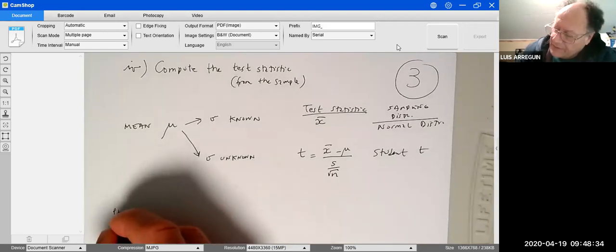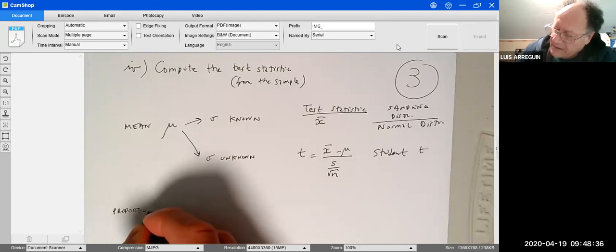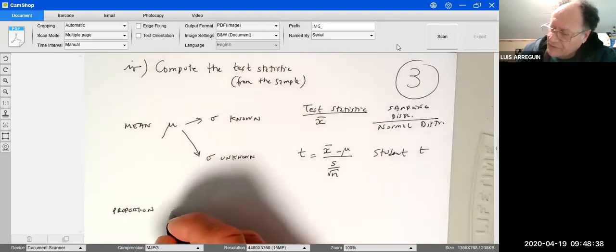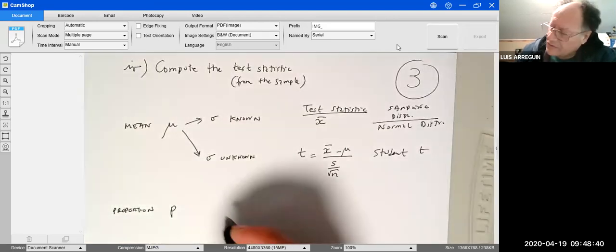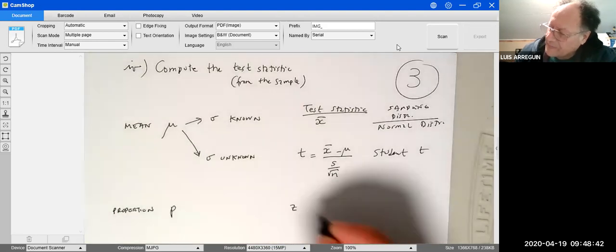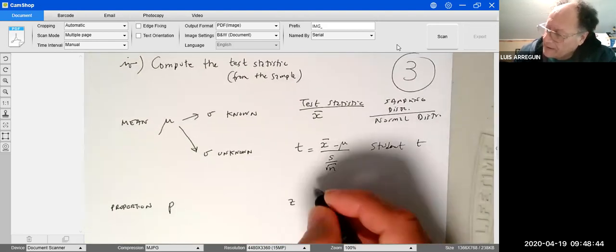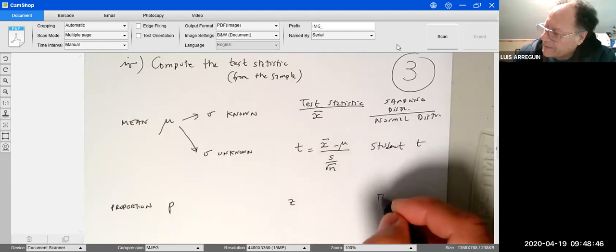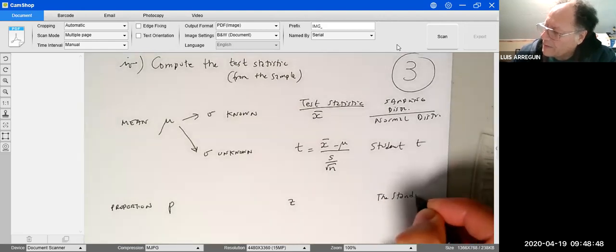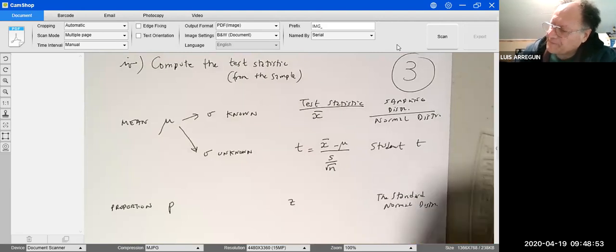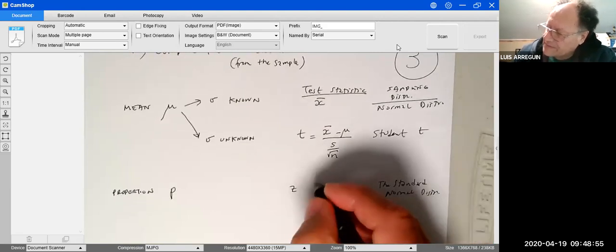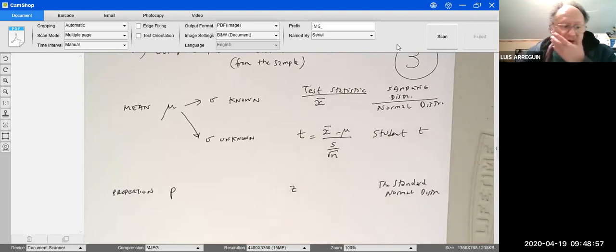If you are performing a test involving proportions, you just need to use z. We're going to use the standard normal distribution, and the formula for z is very similar to the formula for t.